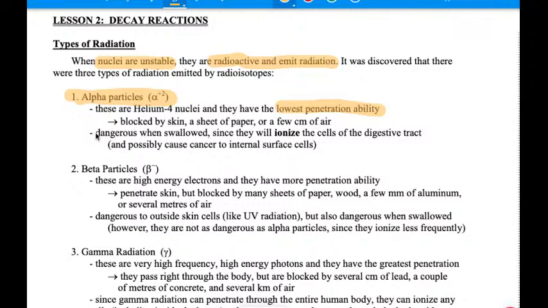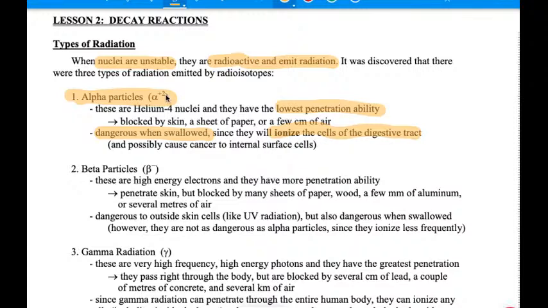So the only problem with alpha particles in terms of safety is ingestion of them. Since they do have this +2 charge associated with them, when they're swallowed, they have the potential to ionize the cells of the digestive tract, right? If we have taken any chemistry, we know that this positive charge can affect and change the charge of the cells that it comes into contact with.